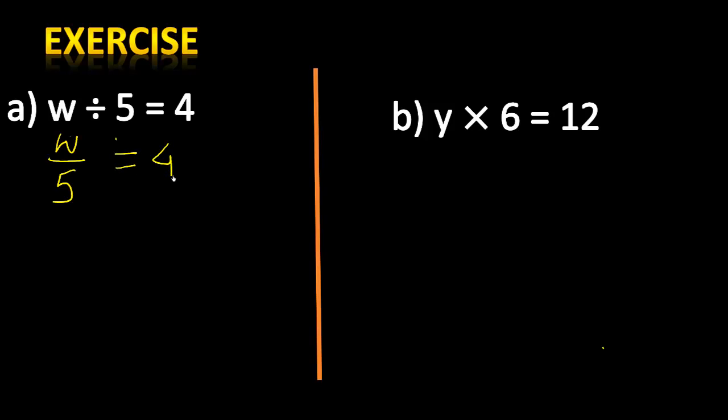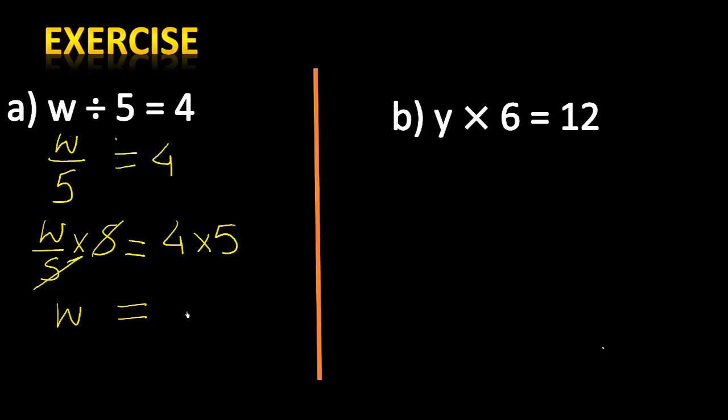Now we're going to multiply it by 5. w by 5 multiplied by 5 is equal to 4 multiplied by 5. Now 5 and 5 cancel out. So that leaves w and 4 multiplied by 5. So 4 multiplied by 5 is equal to 20. So w's value is 20.